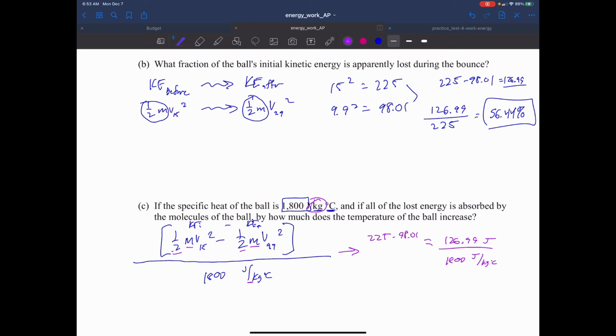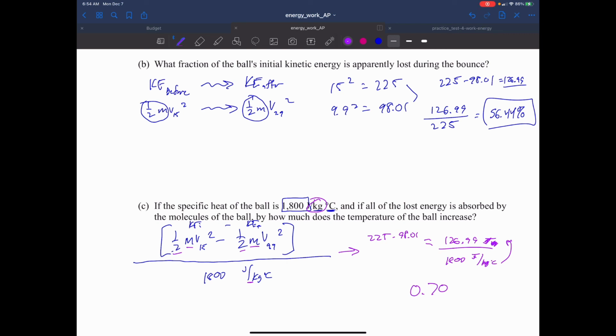And again, if you wanted to keep an imaginary m, you could have an m up there, and then this would cancel. The imaginary m would have units of kilograms. Those would cancel. This goes on top, and you end up with a number of 0.07.